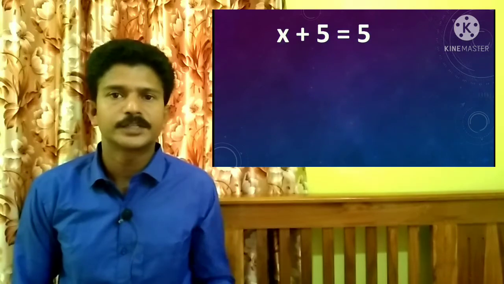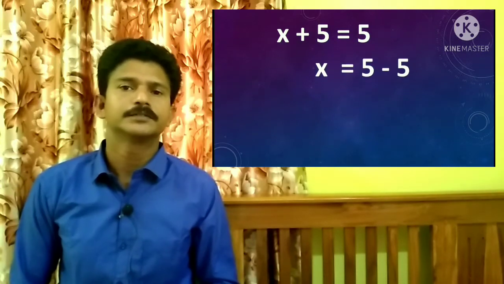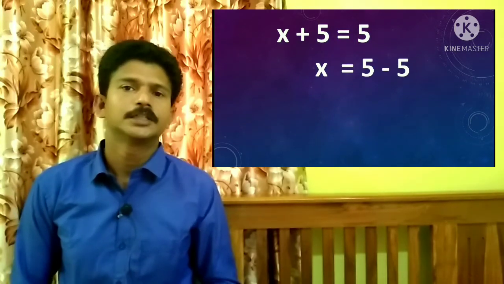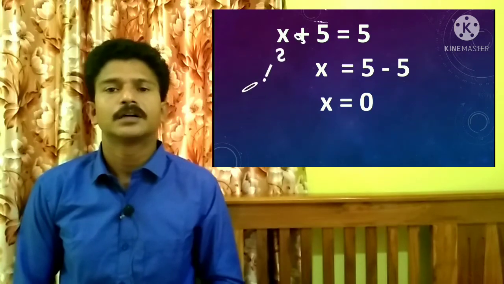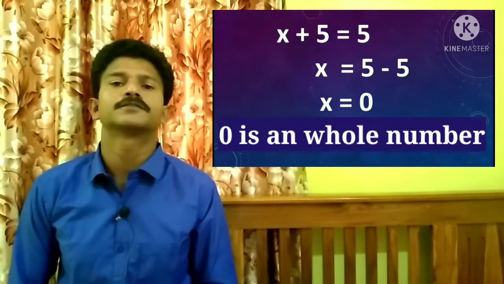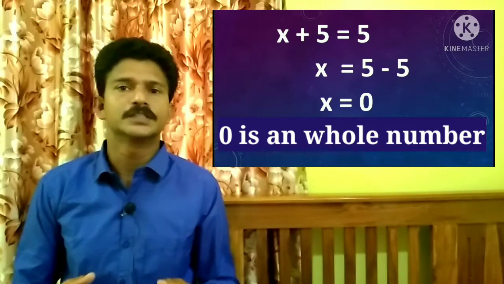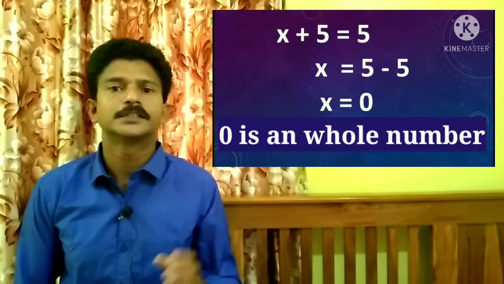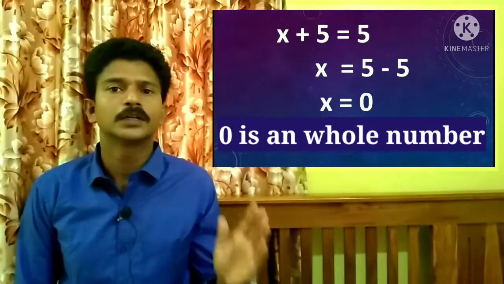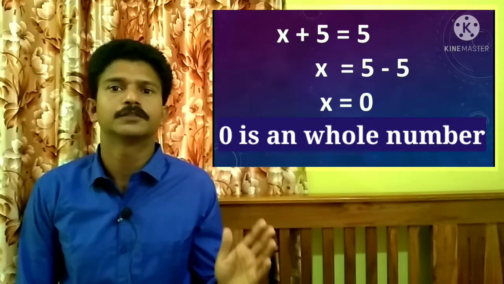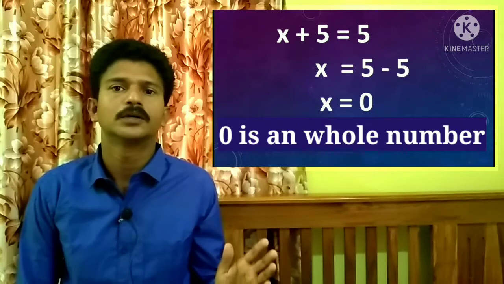Let us take the equation x plus 5 equal to 5. The solution of x is equal to 0. This equation is satisfied only for the value x equal to 0.